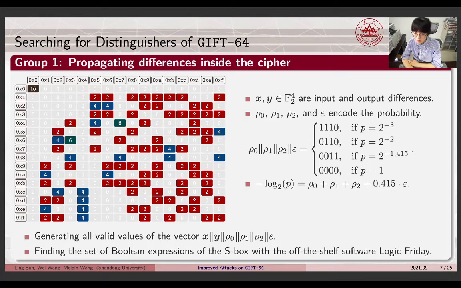Then with this assignment, we generate all valid values of the 12-bit vector X concatenated with Y concatenated with the 4 Boolean variables. After that, we find the set of Boolean expressions of the S-box with the off-the-shelf software Logic Friday.